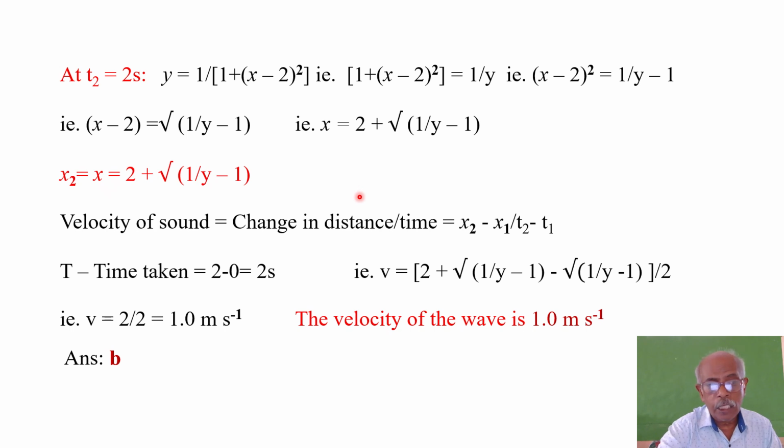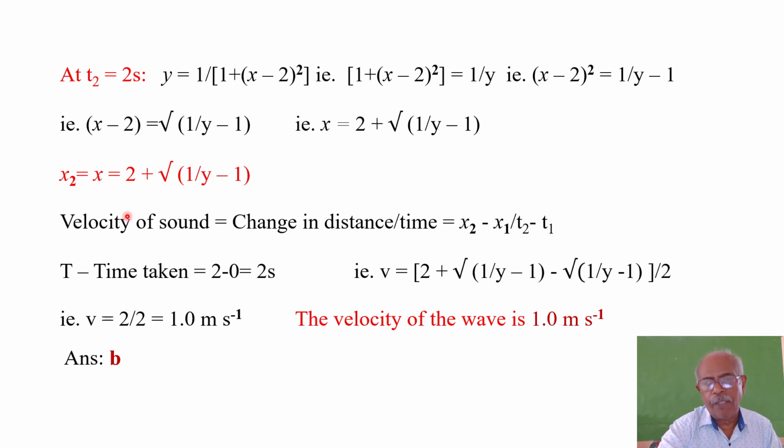So now we have found the positions of the wave x1 and x2 at the times t1 equal to 0 and t2 equal to 2 seconds. x1 is the position of the wave when t is equal to t1, 0 seconds. x2 is the position of the wave when t is equal to t2, 2 seconds.